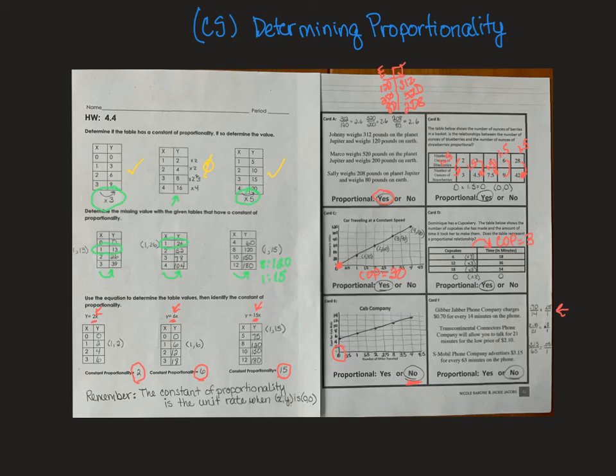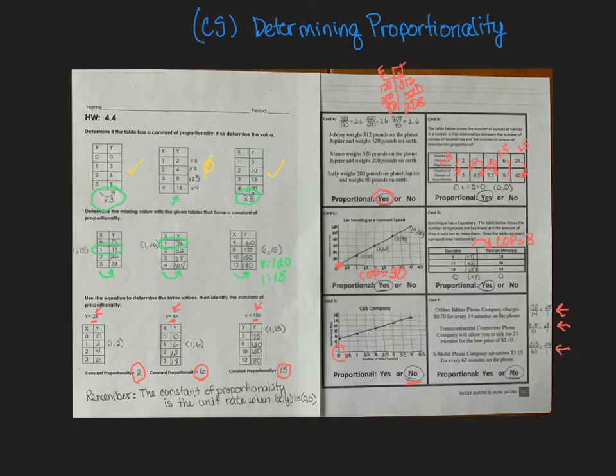In the second company, for every 21 minutes, it's $2.10. Well, that is different. That is 10 cents a minute. And the last one is 5 cents, but they do not all match. They would all need to be 5 cents a minute, which they are not.